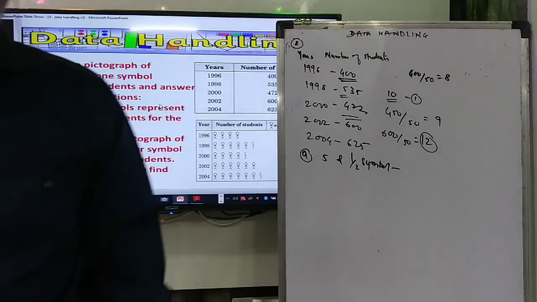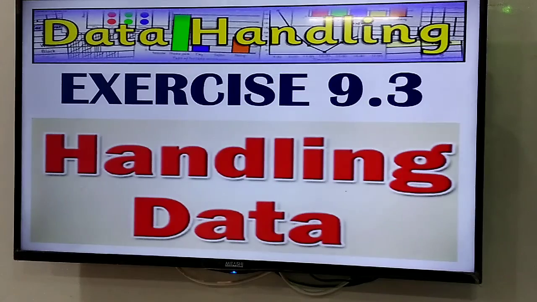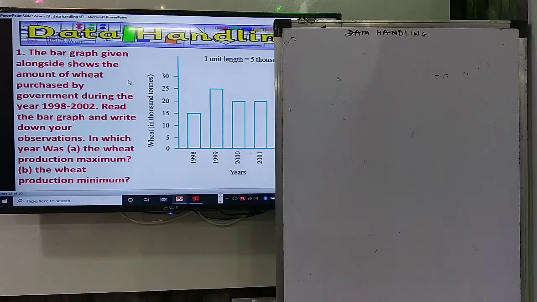We have already made a pictograph with one symbol representing 50 students. Now let us see the first problem. What is given? A bar graph given alongside shows the amount of fruit purchased by the government during the years 1998 to 2002.